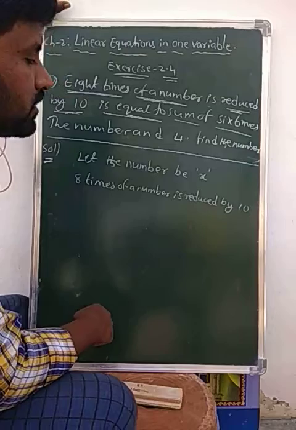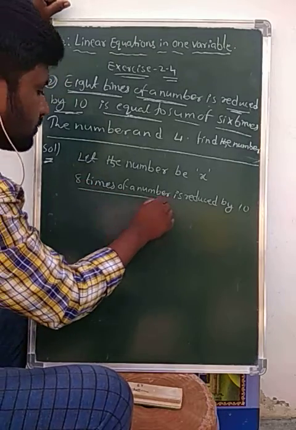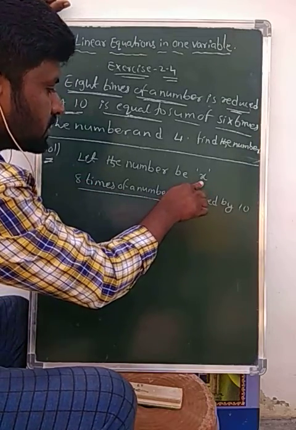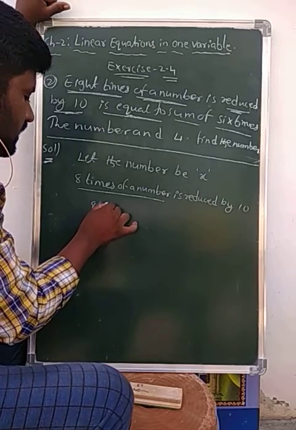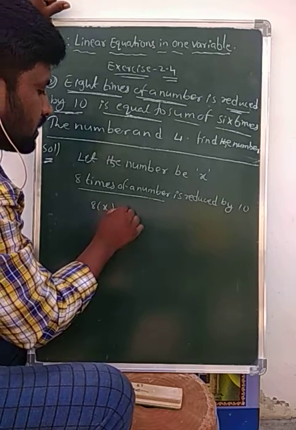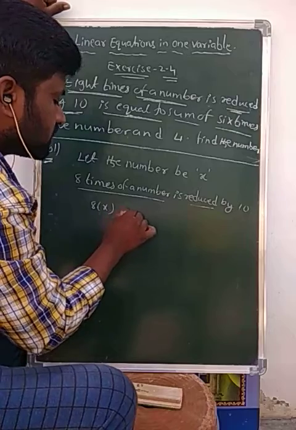Reduced by 10. 8 times a number means, with the number taken as x, that is 8 of x, reduced by 10 means minus 10.